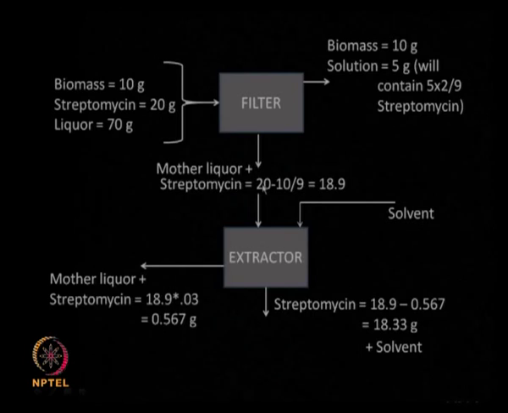So what is coming down after the filtration will be 20 minus 5 into 2/9, that is 10/9, so that comes to 18.9 grams. So in the filtration process we have lost some streptomycin and we are getting only 18.9 grams. Now this goes to the extractor, and in the extractor you are adding a solvent and there is a liquid separation.